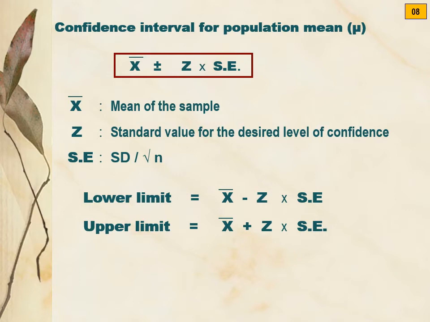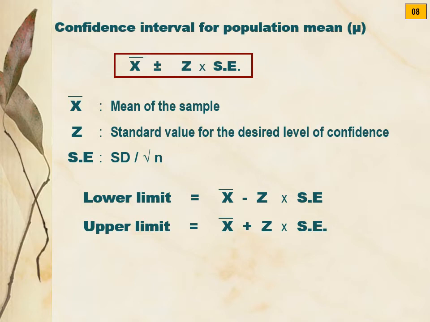It has been explained to you in normal distribution. So Z means standard normal variable, and its value also, you know, for 95% Z equal to 1.96, for 99% Z equal to 2.58, and also making use of the standard normal table, you can calculate Z for any level of confidence. This we have discussed in normal distribution.